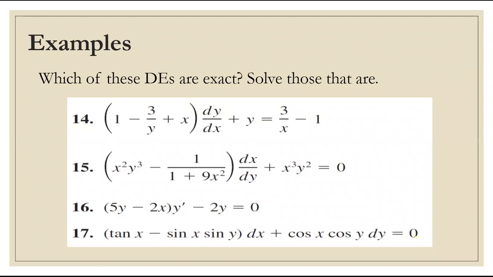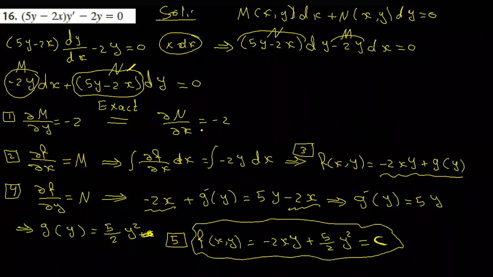Doctor, I have a question. Yes, ask. Do I have to start with M, or can I just integrate whichever is easier? Yes, you are right. Instead of partial f by partial x equal M, you can start by step number 4: partial f by partial y equal N, and then integrate.